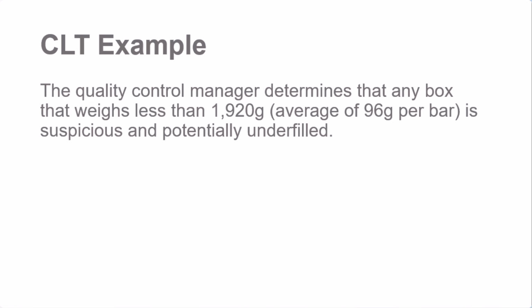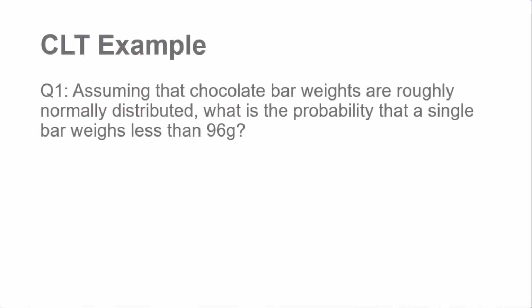So the quality control manager is setting this limit of what an underfilled box might be. So here's the first question I'm going to ask about this scenario. Assuming that chocolate bar weights are roughly normally distributed, what is the probability that a single bar weighs less than 96 grams? So 96 grams was that weight per bar that they set as underfilled.